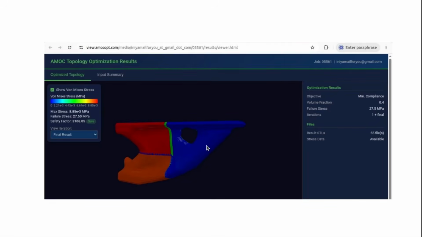What is the maximum stress that this material can undergo is determined by this material's failure strength. So here the material I have chosen is PLA, which is widely used for 3D printing, and the stress this material undergoes cannot exceed the failure strength of PLA.